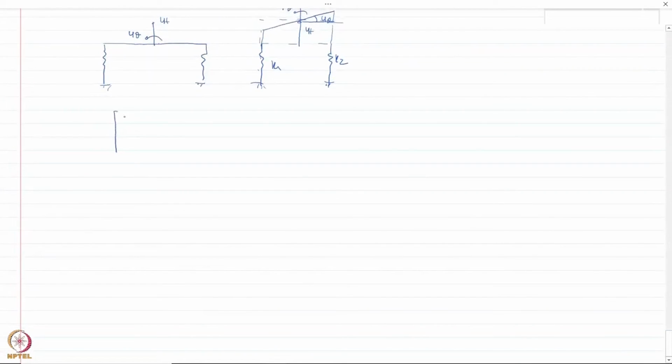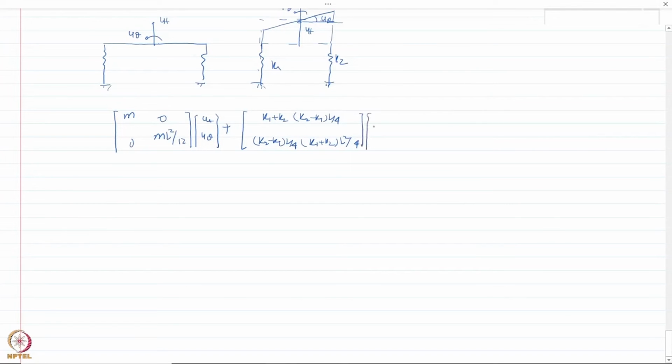We get m, 0, 0, m L square by 12, times ut and u theta, and then k1 plus k2, minus k1 times L by 4, then k2 minus k1 times L by 4, and then k1 plus k2 times L square by 4, and u1 u2, and this is equal to pt times p theta.